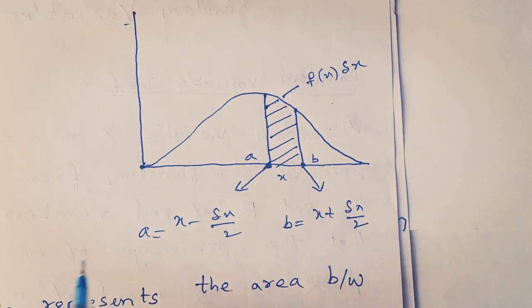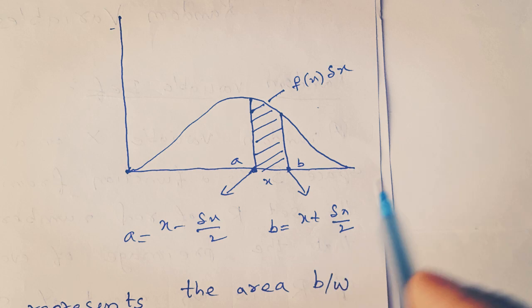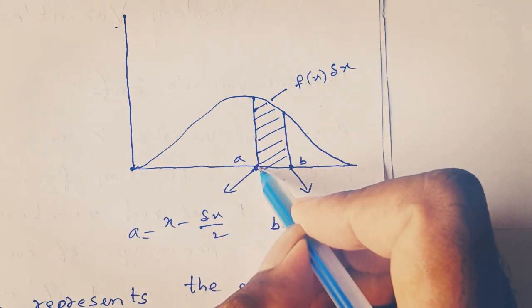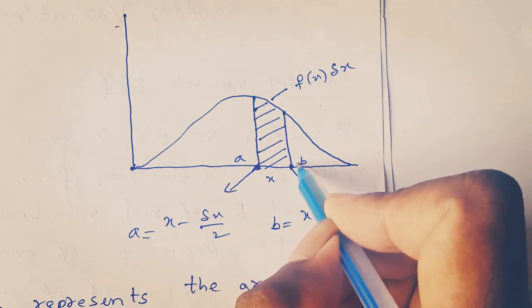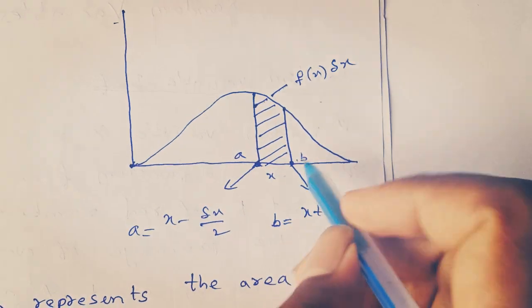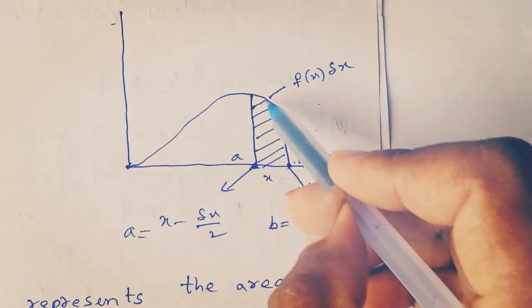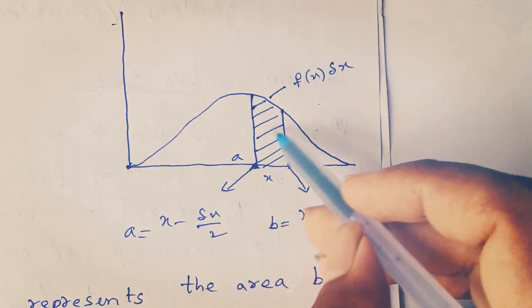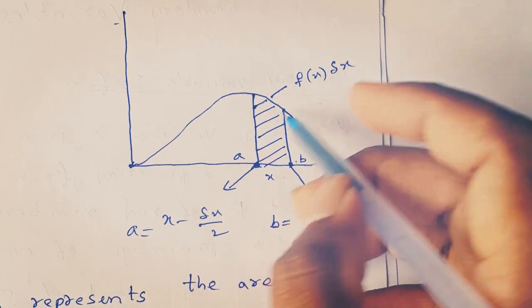Okay. It is a graph. In this graph, the interval is a to b. We have to find the probability in between a and b. Okay, a and b. This is the curve f of x. f of x delta x is the required probability.